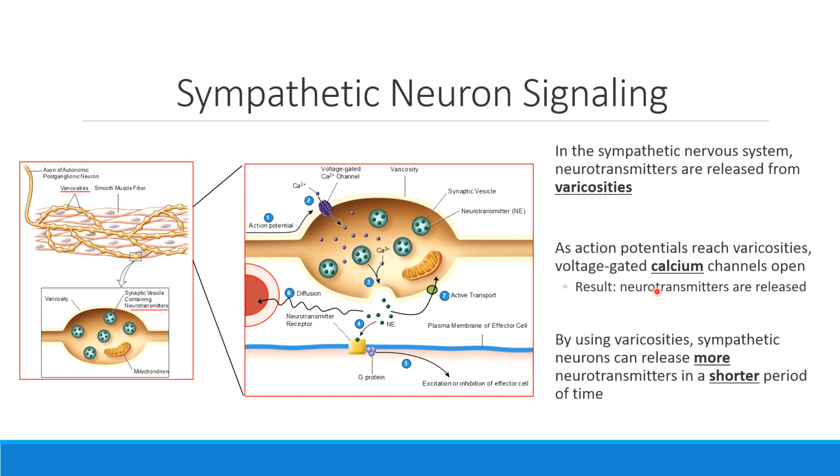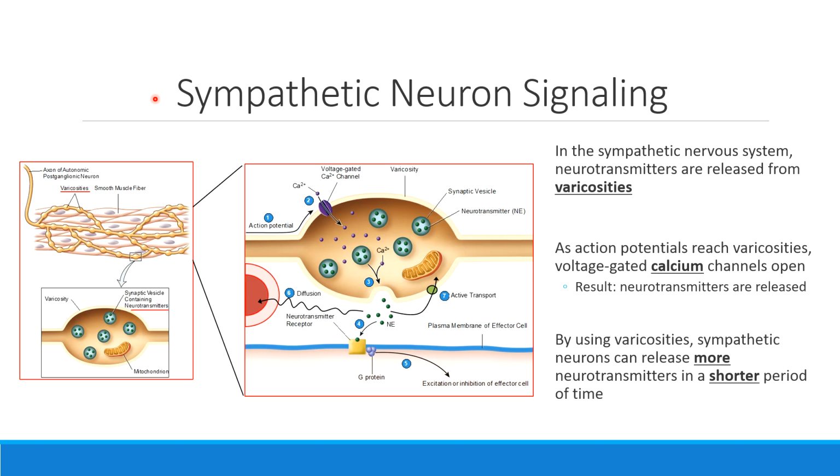So what we end up with is several different locations along this neuron's axon where we can spit out a lot more of our neurotransmitters, and we can do it a lot more quickly than we would have done with individual axon terminals.